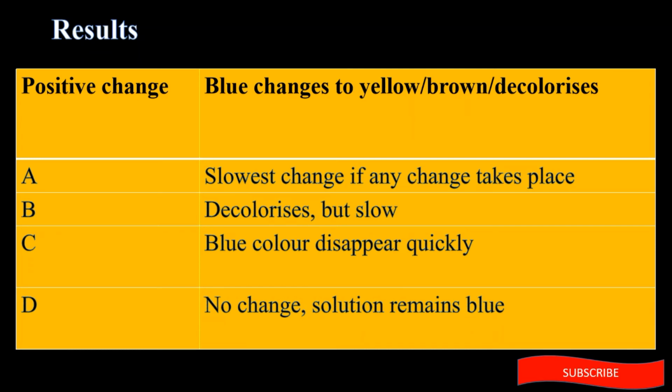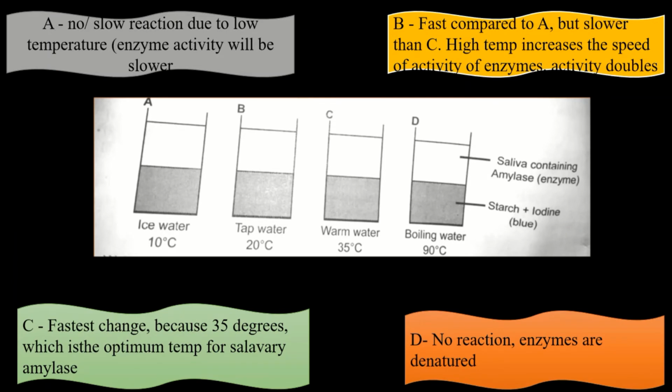Let's interpret our results. Now, explaining our results, we are told that in test tube A, which is subjected to 10 degrees Celsius, the reaction is very slow. The reason why the reaction is very slow is because the test tube is subjected to low temperature.